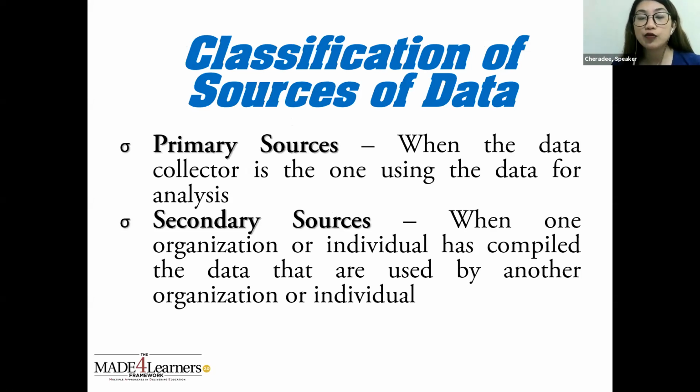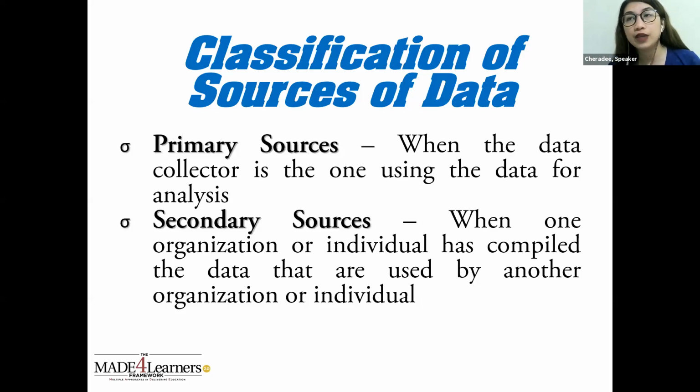So if you are the researcher and you really went to a school and distributed questionnaires, then the results from the questionnaire are actually primary sources because you're the ones who really gathered the data. That's primary. The secondary are the easy ones, no, because it's already given by an organization or a certain individual who has already compiled the data for you. So that is a secondary source.